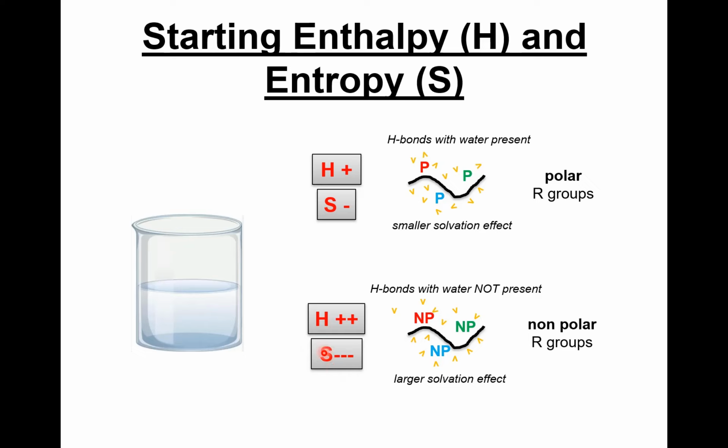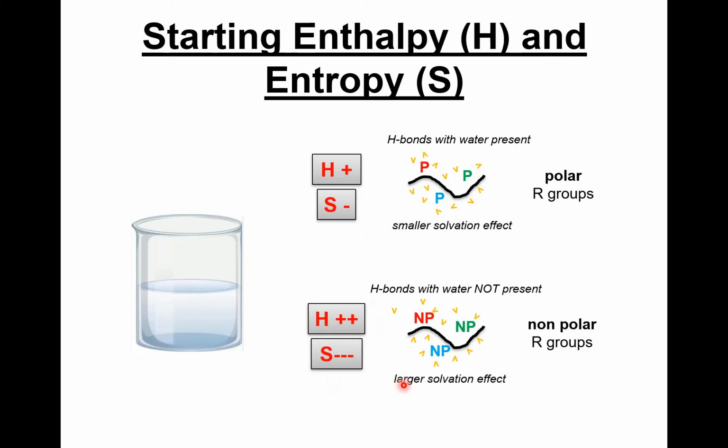So the entropy has been decreased more in this scenario compared to this. Okay, so this will be the starting scenario right now of the two unfolded peptides. You're starting with a scenario here where the enthalpy overall is still higher than in this scenario here, and where the entropy in this scenario with polar groups is higher than in this scenario right here.